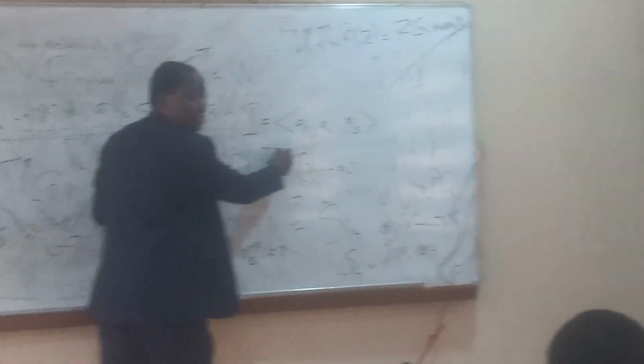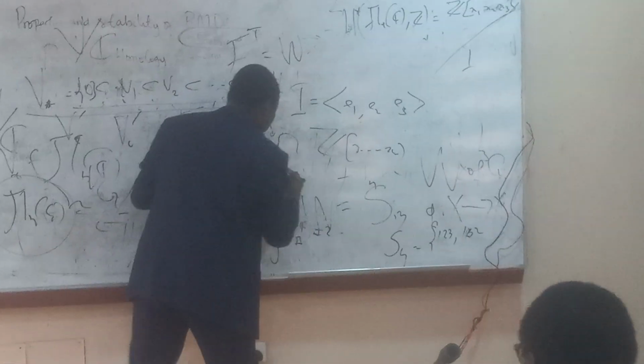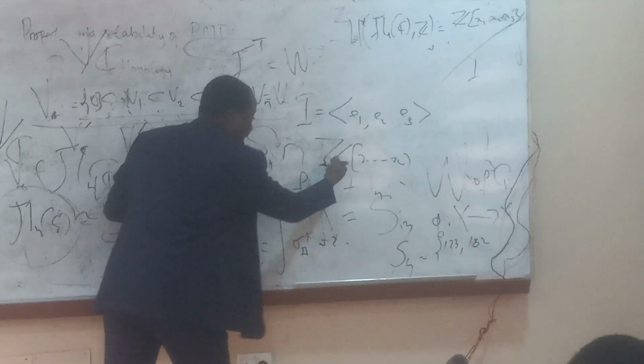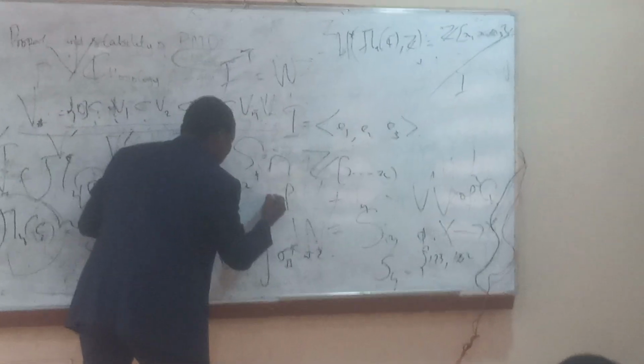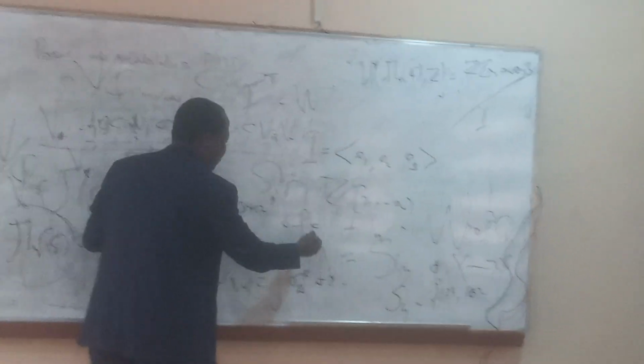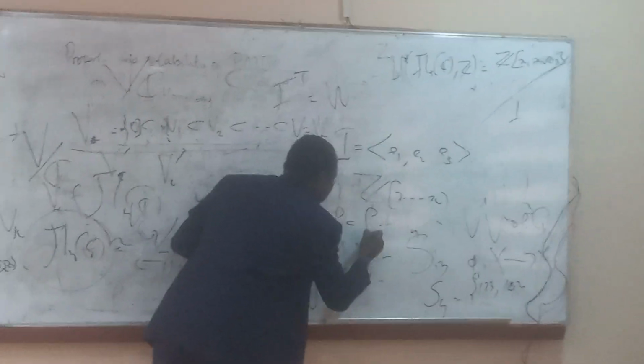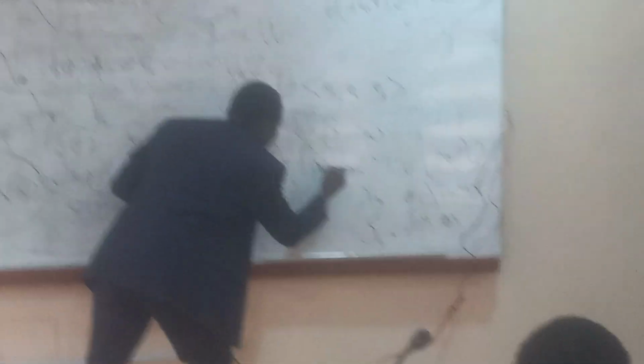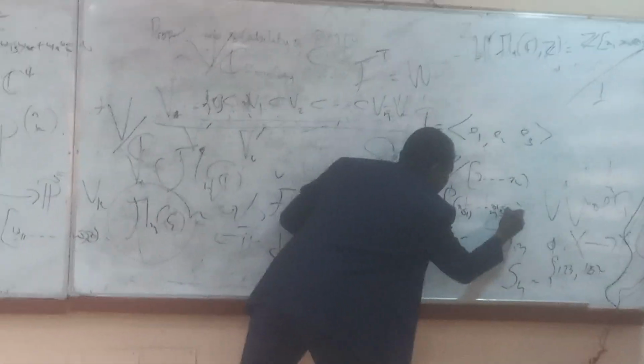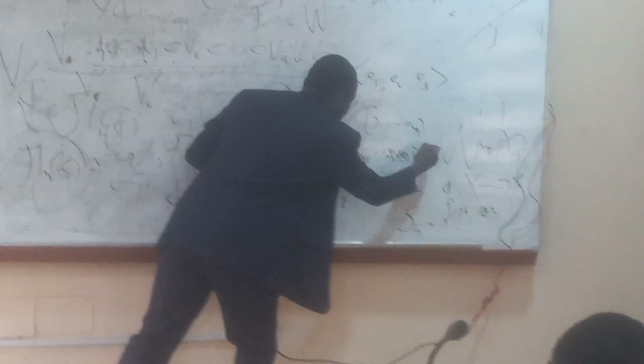So how does it happen? You pick an F, a polynomial inside this ring. So this would be F of lambda 1 up to lambda n, where n is the number of variables that you have.